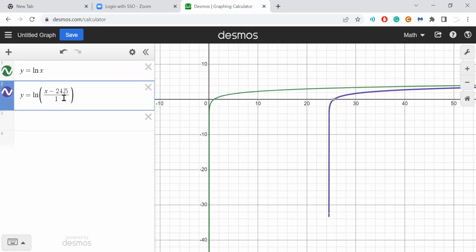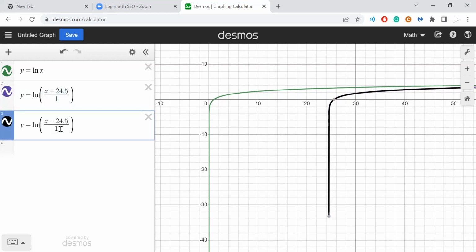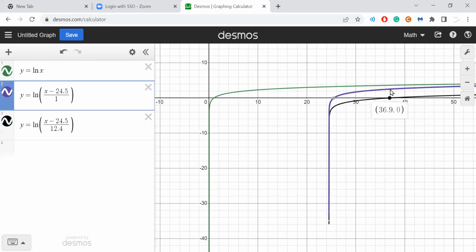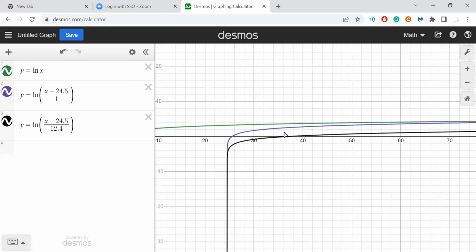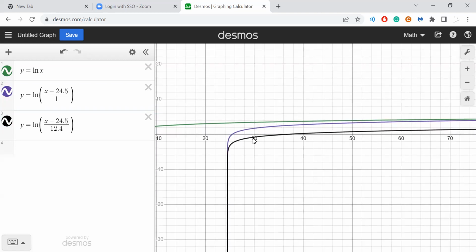But that's not all. This graph actually has a divide by something. Divide by 12.4. So what happens? Let's draw another graph. Divide by 12.4. So essentially what happens is that it gets stretched by 12.4. I know it might not be so obvious here.